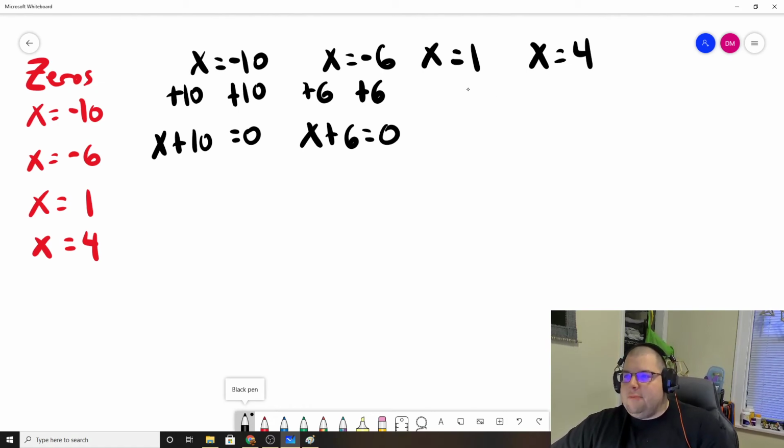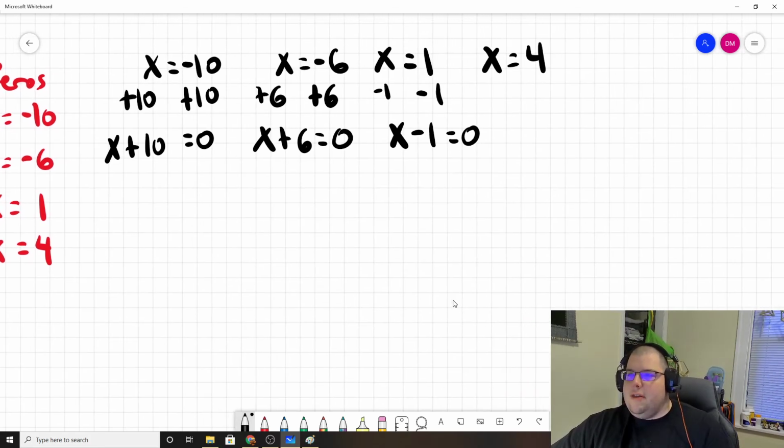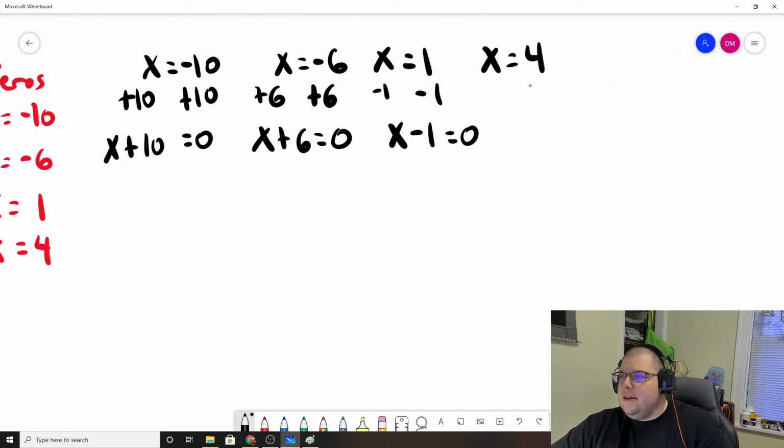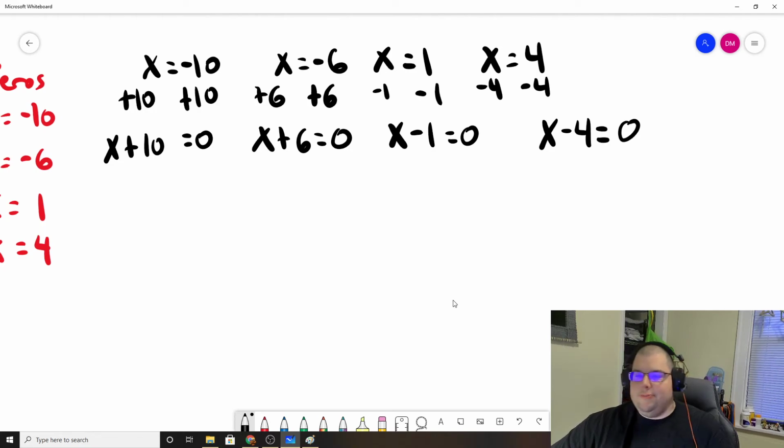What's the opposite of +1? That's -1. So I'm going to subtract 1 from both sides, and that gives me x minus 1 is equal to 0. And then lastly, down on the end, the opposite of +4 is -4. So I get x minus 4 equals 0.